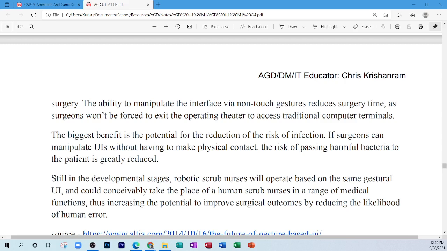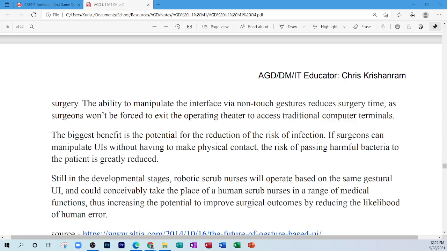person's information. Now, with a gesture-based system, that system could either be in the same room or another room, and they can gesture to the system so that they can use it instead of actually being in physical contact with it. Thus, they don't have to leave the room to touch the system.